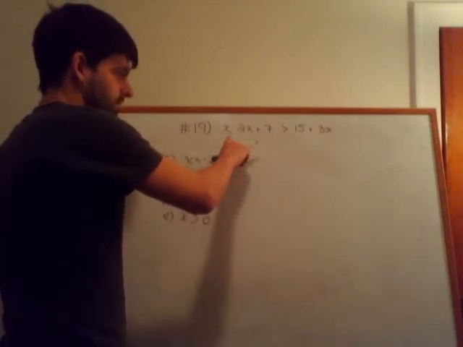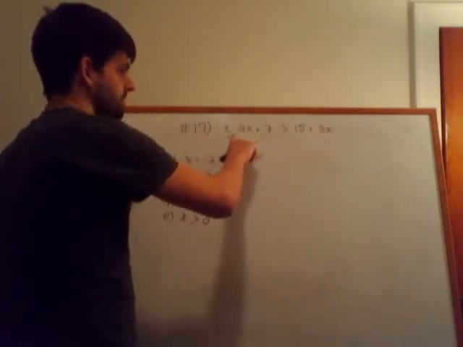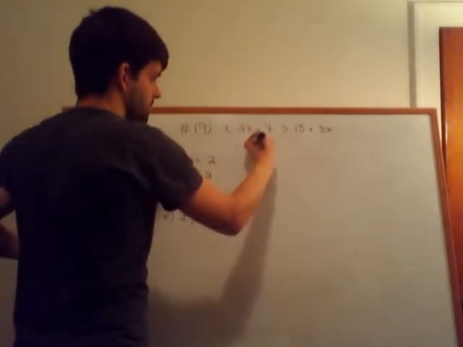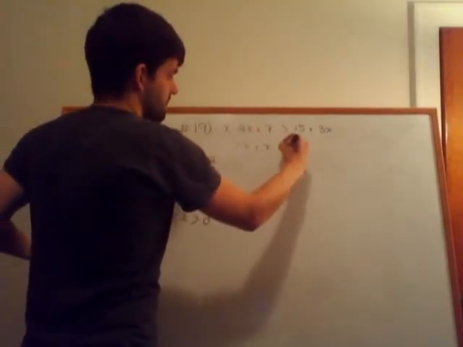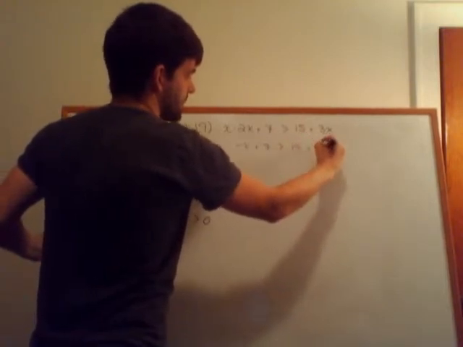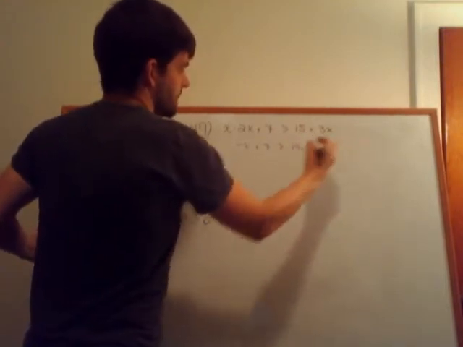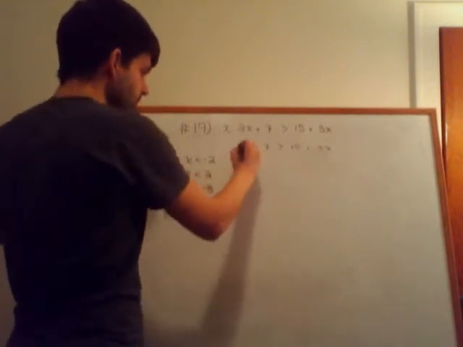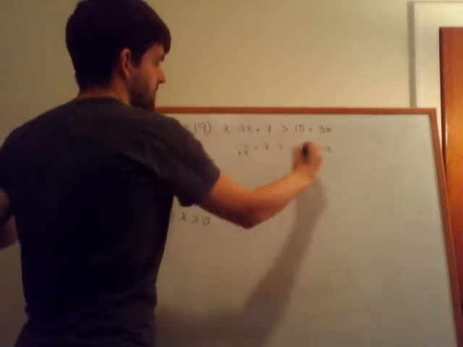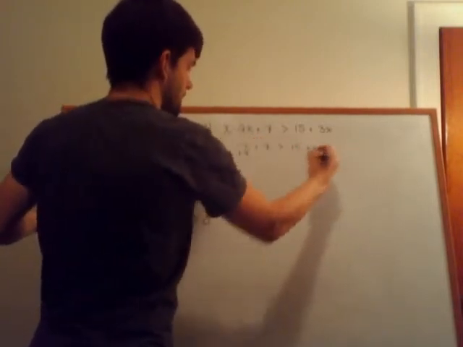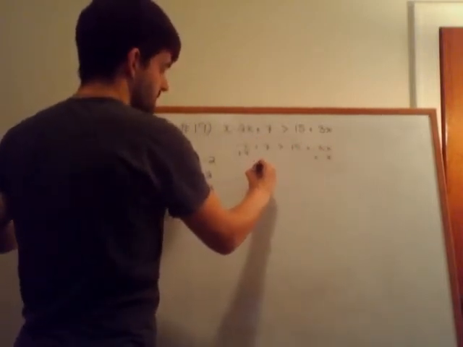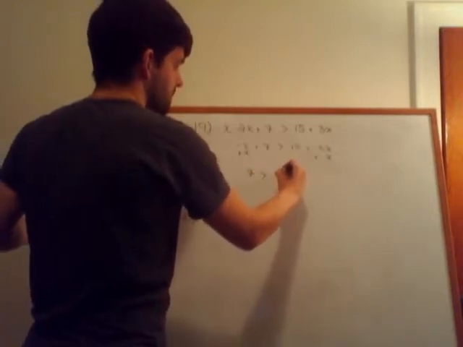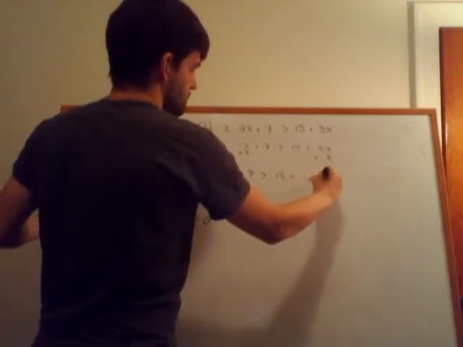So remember, we're going to simplify this first. So x minus 2x is a negative 1x, so negative x plus 7 is greater than 15 plus 3x. Now I'm going to add x to both sides, and this is going to allow me to get x all on one side. So now I have 7 is greater than 15 plus 4x.